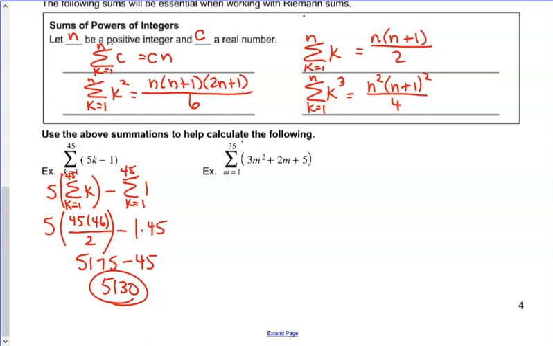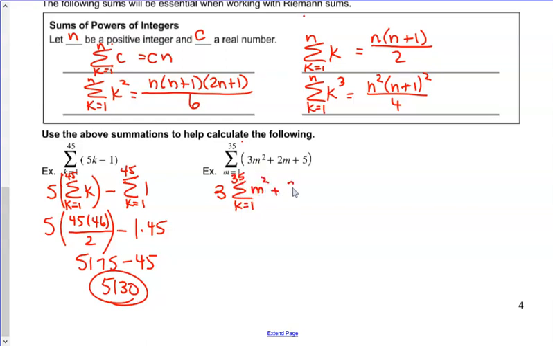Okay? Now we have a dummy variable of m. And we're going to break this apart using our summation properties to figure out what this sum is for all of these 45 numbers. So notice I have a constant that I'm going to bring out in front of that summation each time. So I have that 3, and I'm going to split up the sums here. So m equaling 1 to 35 of m squared.